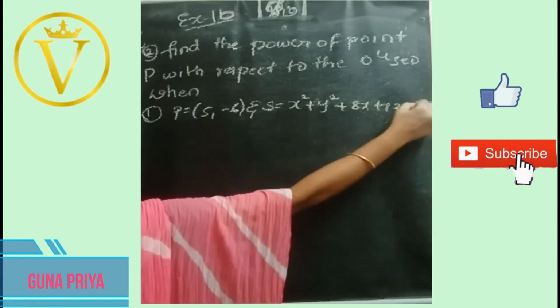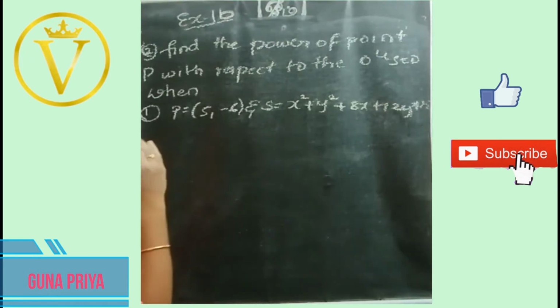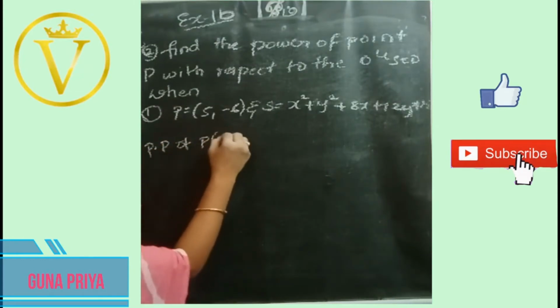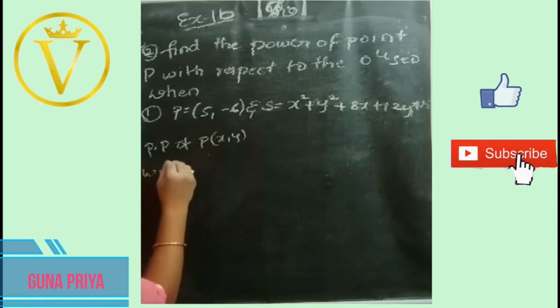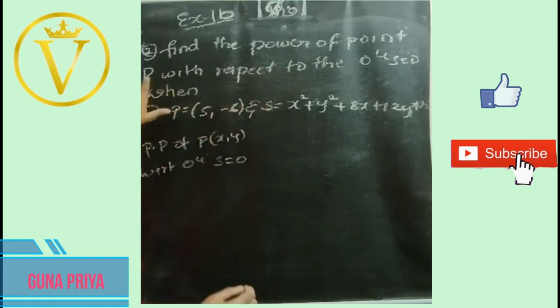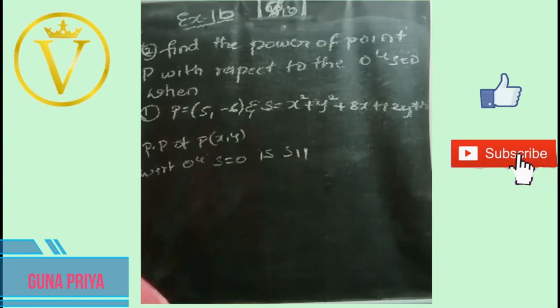Okay. See here, before they have asked the position. That means we have to find out the position of a point, either it is in the exterior or in the interior. Now we have to find out the power of point. Here the power of point P(x1, y1) with respect to the circle S equals 0 means we have to find out the value of S11.